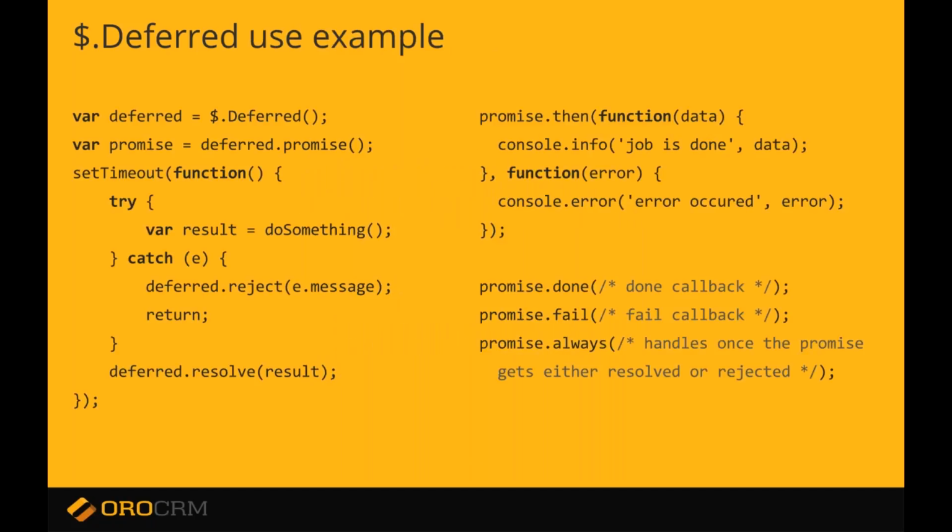The same example that we did before will look pretty much the same, but there is no executor method. Reject and resolve are stored inside the deferred object, and we do pretty much the same.